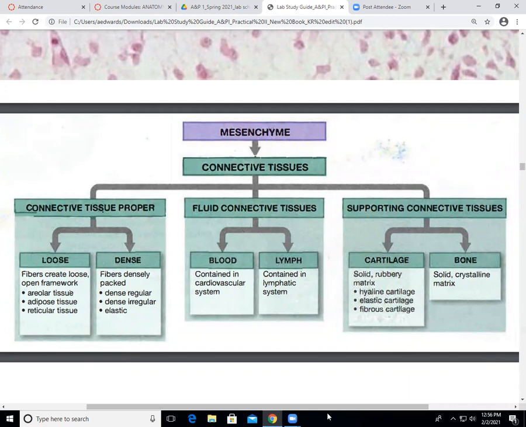Okay, so for connective tissue, I could ask you one of those three categories. You might be looking at a slide, and if it's bone or cartilage, you tell me it's supporting connective tissue if I ask you for the subcategory. If it's blood or lymph, you tell me it's fluid connective tissue. And if it's dense, irregular, regular or elastic, adipose, reticular, or areolar, you tell me it's connective tissue proper if I ask you for the subcategory.